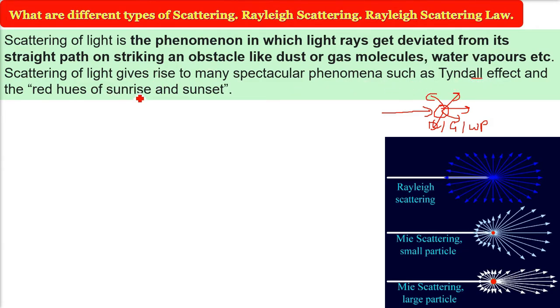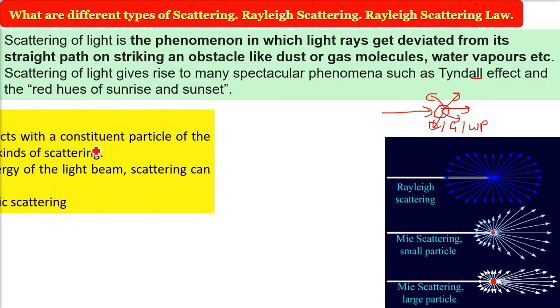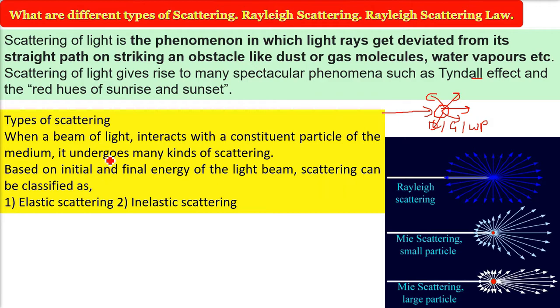So the Tyndall effect and the colors of the sun in the evenings and afternoons all happen because of this scattering of light. So we have different types of scattering. Let us say the energy of incoming light is E, and when it gets scattered away, the outgoing photon has energy E1.